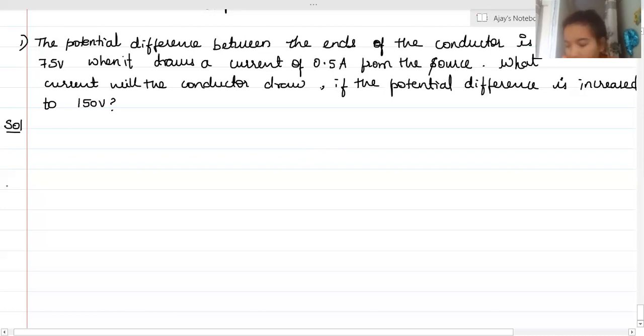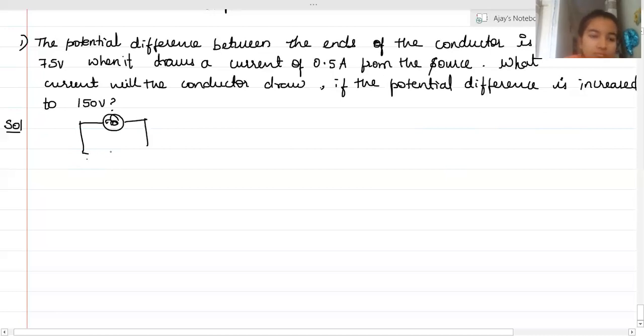In the question, there is a conductor. We have not seen the symbol of resistance, so I'll just take a conductor, let me take a bulb.